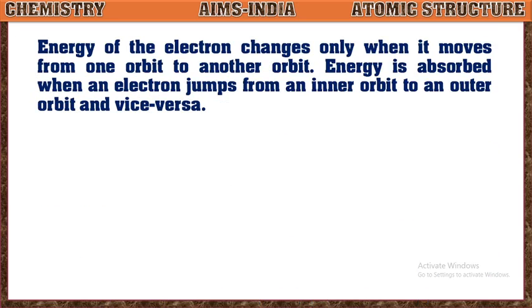Energy of the electron changes only when it moves from one orbit to another orbit. Energy is absorbed when an electron jumps from an inner orbit to an outer orbit, and emitted vice versa.